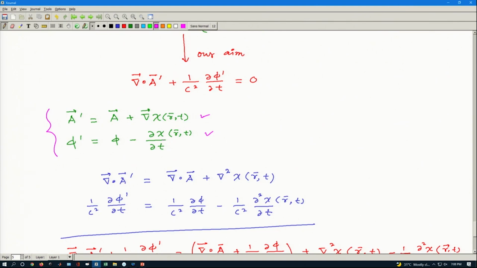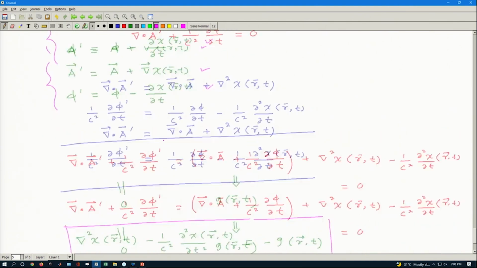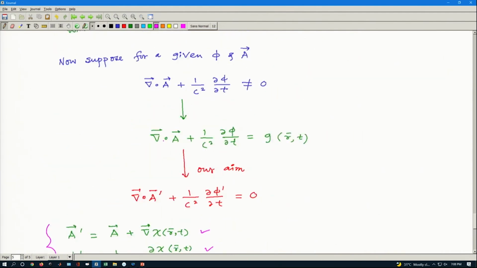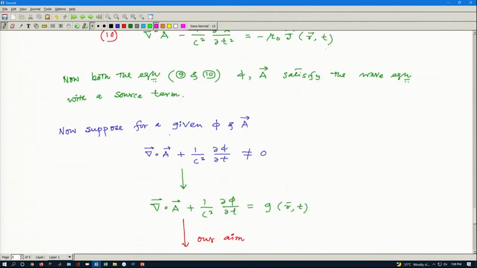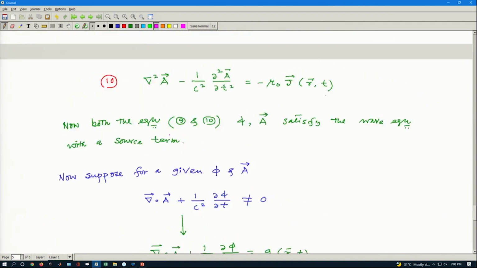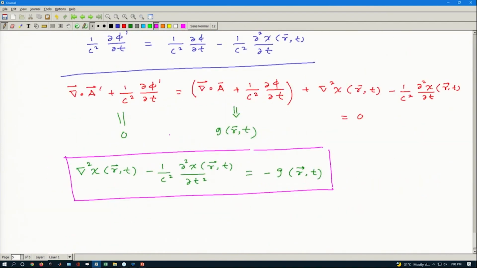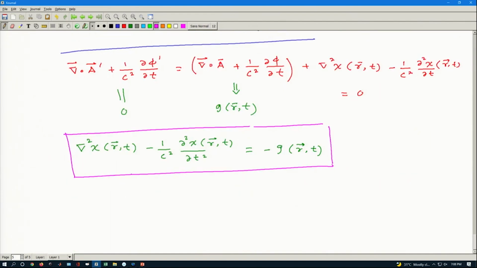Now, I choose my chi in such a way that it satisfies the Lorentz gauge condition, to make the equation very simple, and we find that the chi I choose satisfies this equation. This is again a wave equation with a source term. So we need to solve this equation to find my chi.